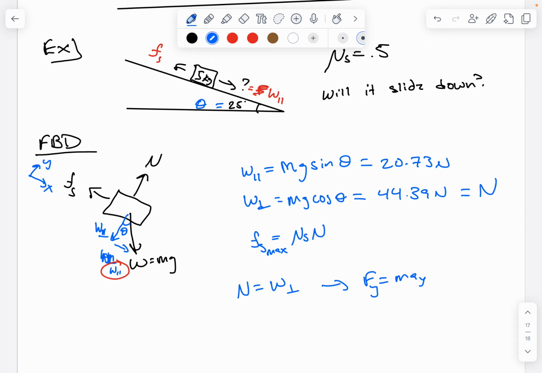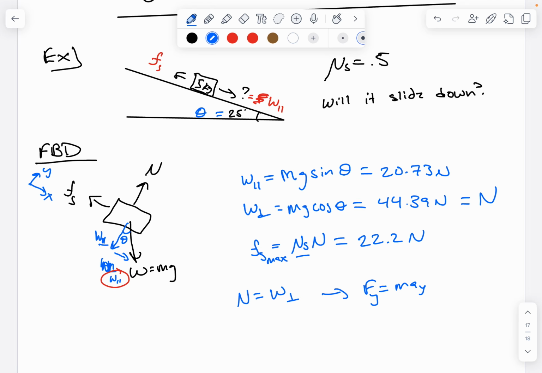All right, so I know normal force is 44.39 newtons. So plugging that into here, we get that our maximum static friction is roughly 22.2 newtons. Again, plug in mu s and n.